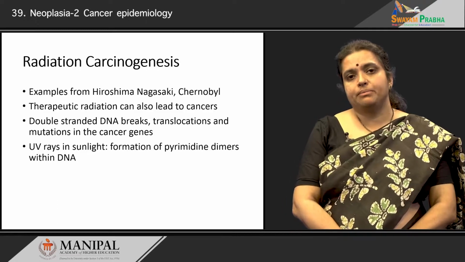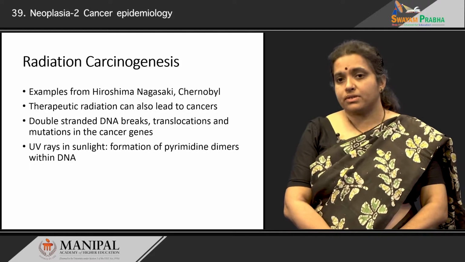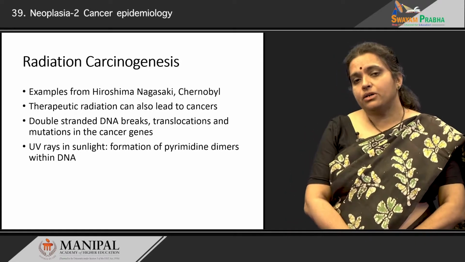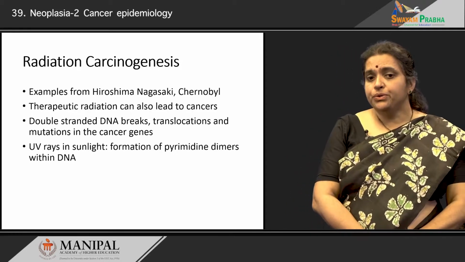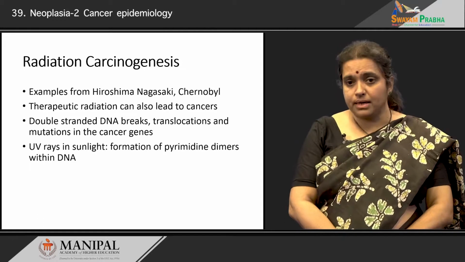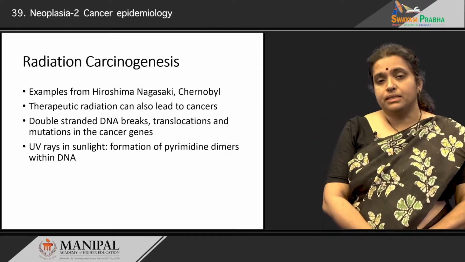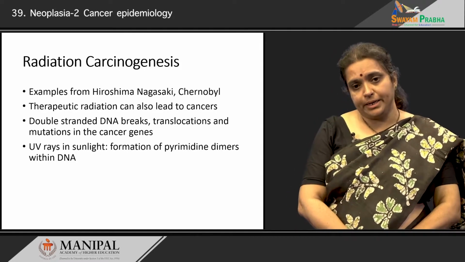It causes cancer because it can cause double stranded DNA breaks, it can cause translocations, and it can cause mutations in the cancer genes. Now, you have UV rays in the sunlight which can cause various cancers, and that is due to the formation of pyrimidine dimers within the DNA.